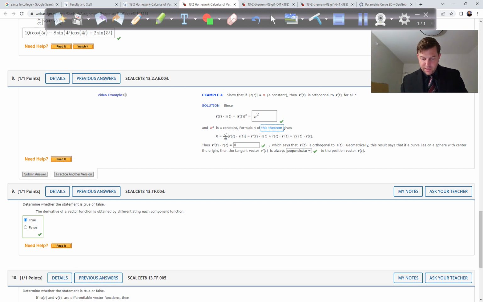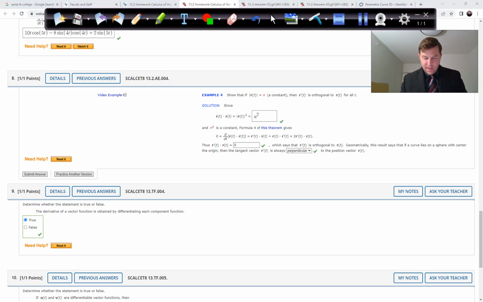But here's the leap we have to make: we have to know that if r dot r is n squared, then the derivative with respect to t of r dot r is all this stuff here that they expanded out.